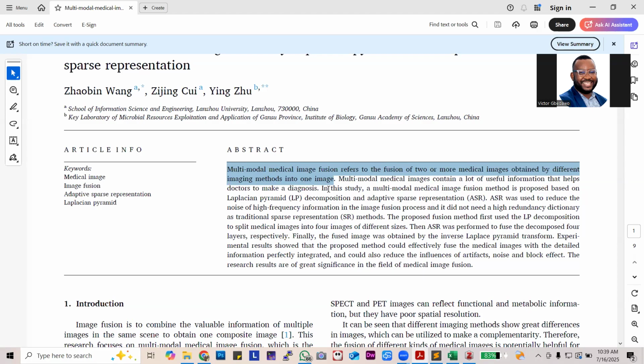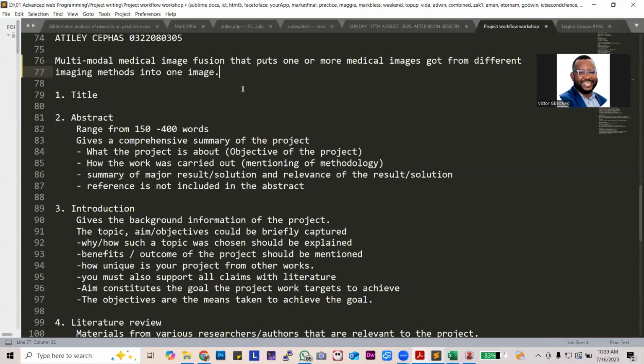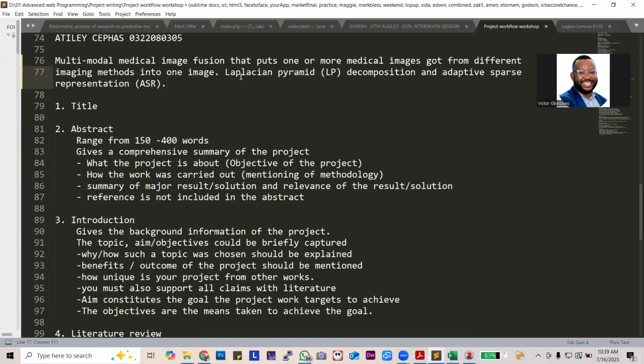So in this study, a multimodal medical image fusion method is proposed based on, so they based it on, let's say the Laplacian LP decomposition and the adaptive sparse representation were the methods adapted.